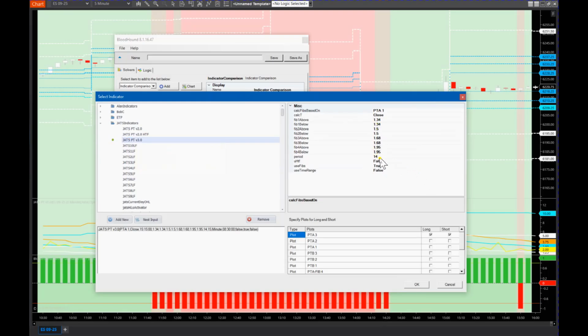We don't want fibs. We're going to use a higher time frame true, and then choose the 60 minute. And then we're going to go from the PT3.